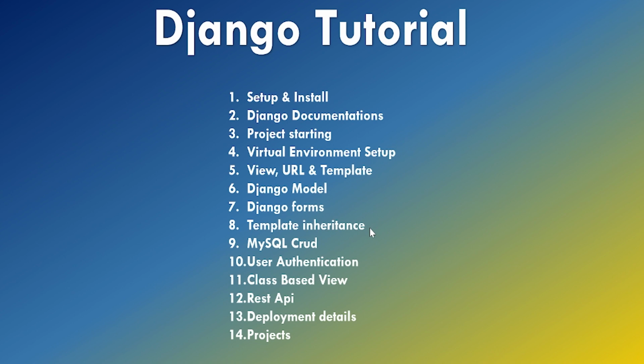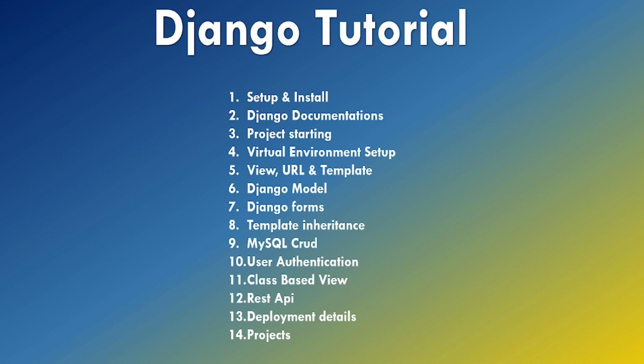REST API and deployment details. REST API demands a different section: Django RESTful API, and how the API connects your front end and back end. We are going to discuss that properly. And finally, when your project is done, how you can deploy it.